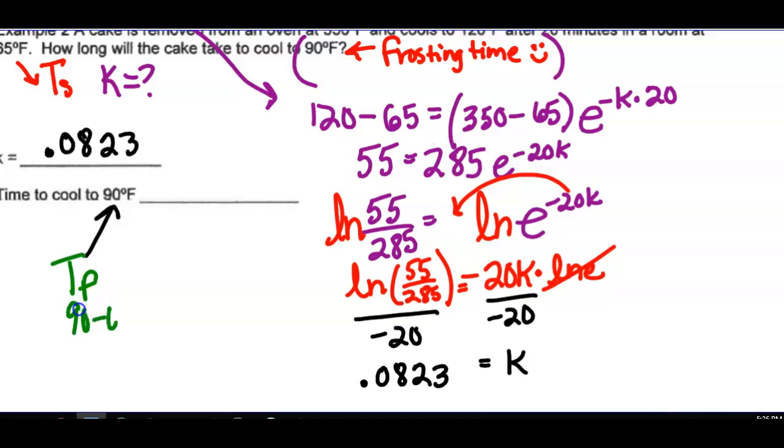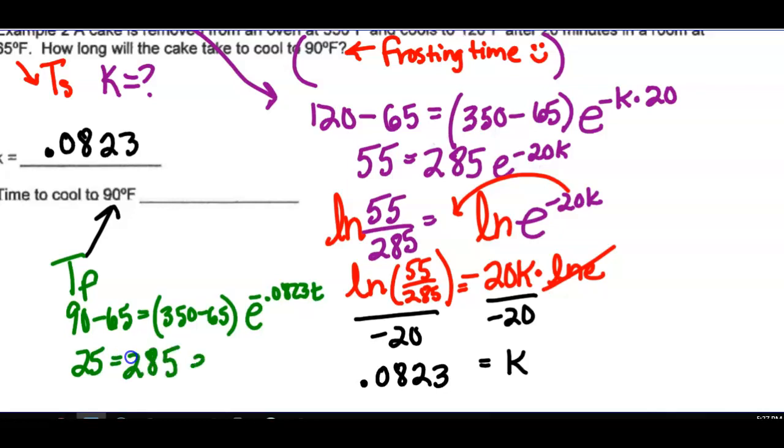So we will have 90 minus 65 equals 350 minus 65, e to the negative 0.0823 times the time we're looking for. 90 minus 65 is 25. And this is still 285 over here. e to the negative 0.0823t.